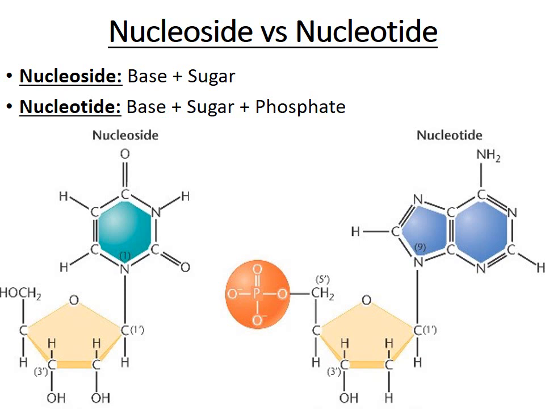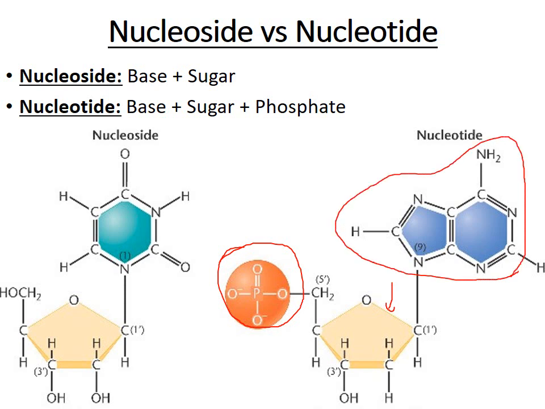So again, I do need you to know the general structure of a nucleotide. Over here we have a phosphate group, we have our sugar, and we have our base. Now you might notice that this is a purine. You would know this is a purine because there are 2 rings, and so that means it's either A or G. To be more specific, you'd have to know the structure in more detail, and there are differences that you could look up later on.